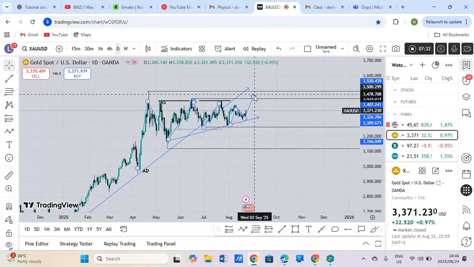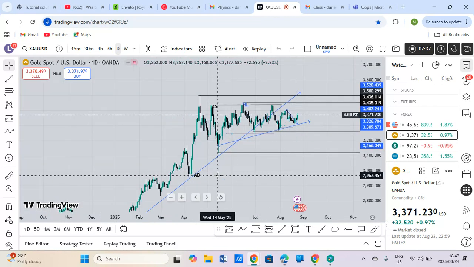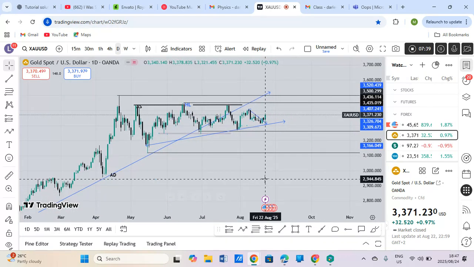So what I'm seeing here is that I'm still bullish on gold.